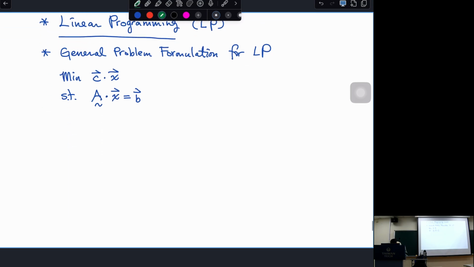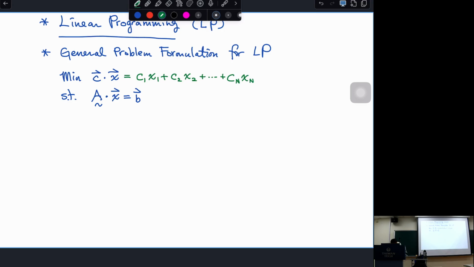So right here, this is c1 x1 plus c2 x2 and so on, up to cn xn.